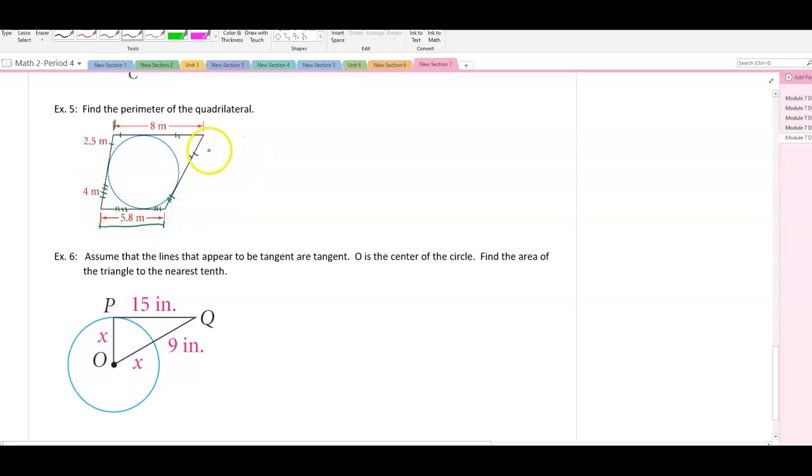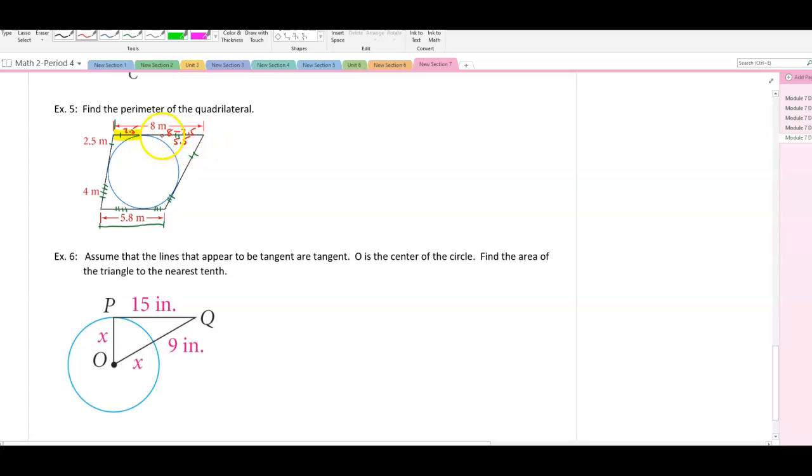Now, with that in mind, how can I find some of these? Well, I can find this segment here because I know this is 2.5, which makes this 2.5. And if this whole segment is 8, to find this piece, I'm going to do 8 minus 2.5, which is going to give me 5.5.